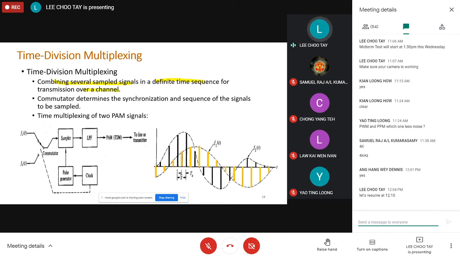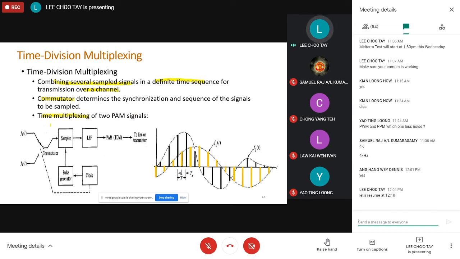We actually combine the signal, and in this case we make use of a commutator. The commutator basically is to switch the samplers to different input signals. This diagram at the bottom shows you the time multiplexing of 2 PAM signals.